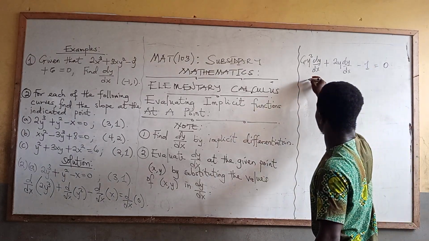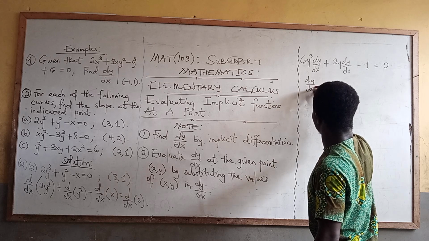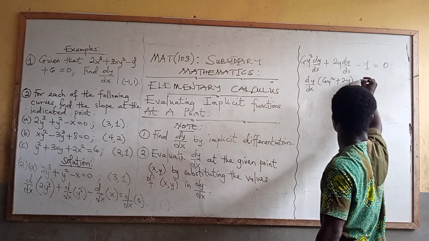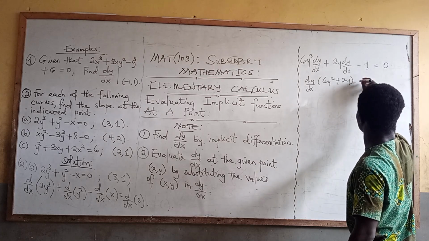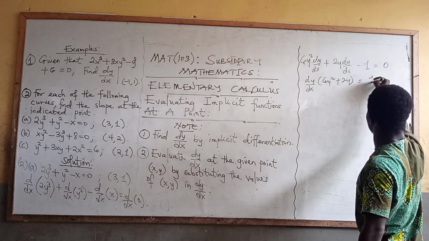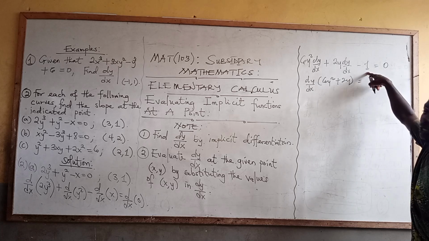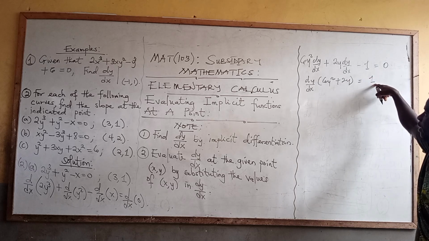So let's factorize dy/dx out: (6y squared plus 2y) dy/dx equals 1, since -1 crosses the equal sign and becomes positive 1.